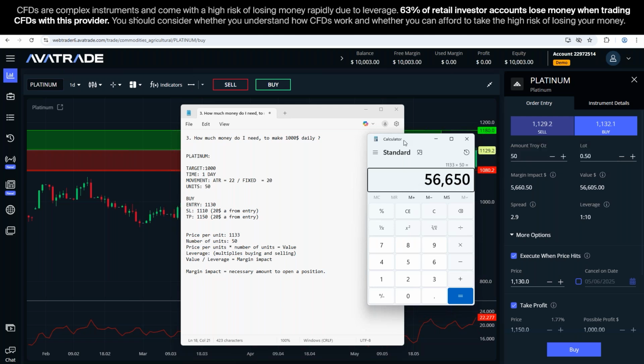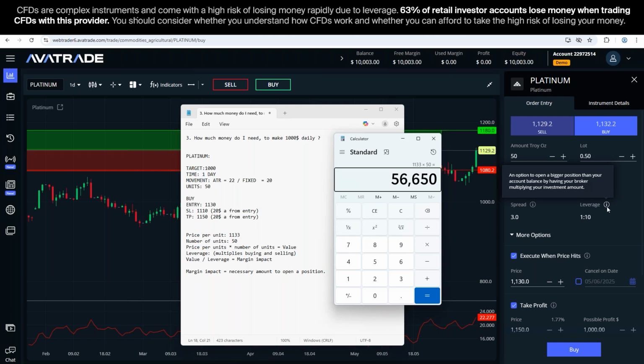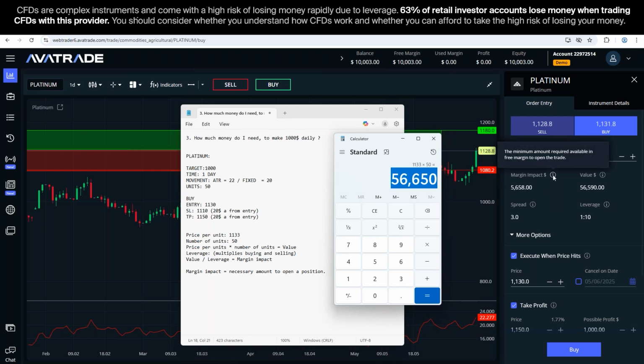This is the value. Okay, so we said we're multiplied by 10. What does that mean? It means that instead of $56,000, I just need 10% of that. How so? Because, as you can see, this is the margin impact. And if we're going to divide this by 10, we don't need a calculator for that, but okay, you get the point.